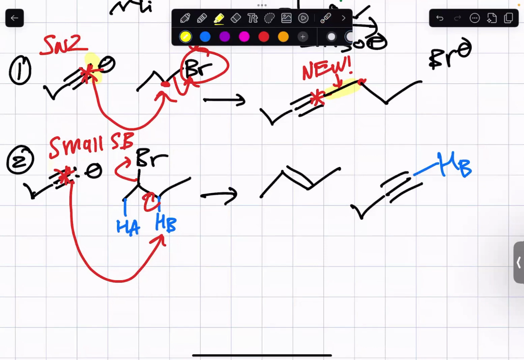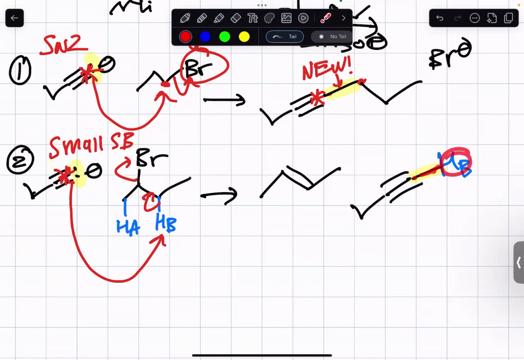Or actually not the blue bond, because the blue bond went to make a double bond right there. So let's say if I highlighted this pair of electrons in yellow like that, this new bond right there that we made between that terminal alkyne carbon and HB is this yellow highlighted carbon bond right there, right?